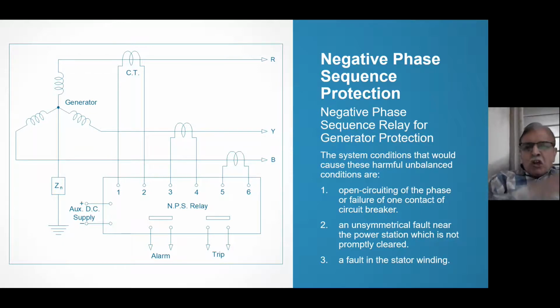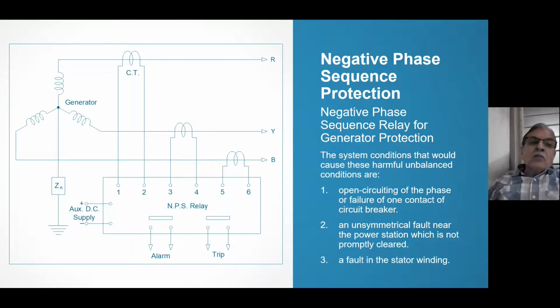In other words, you cannot pass negative phase sequence currents or 0 phase sequence currents, or for that matter, anything other than fundamental through the generator. It should be pure 50 hertz that the generator should generate. But no generator can generate exact fundamental. Some distortion is there.